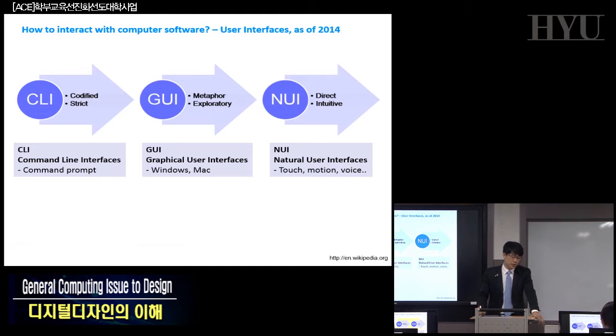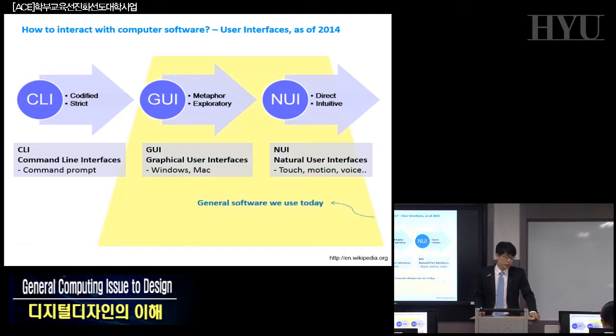Whenever you do something, the computer can be aware of your intention, what you're going to do, and respond to it. That's the so-called natural user interface. Actually, its development has just begun. We need to develop and invent many more things.